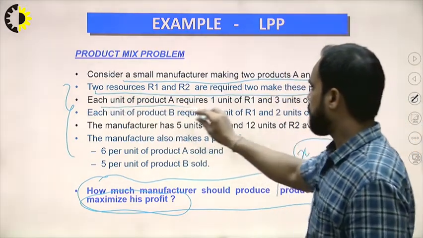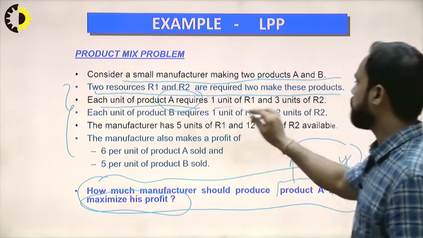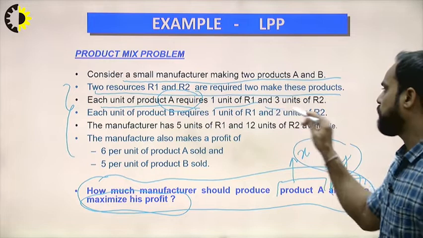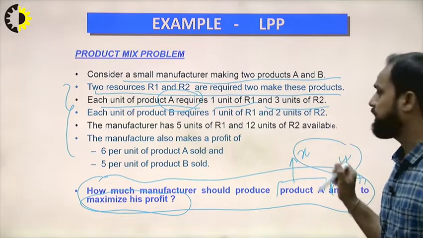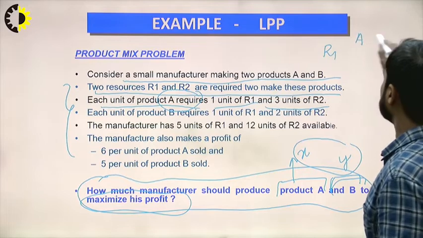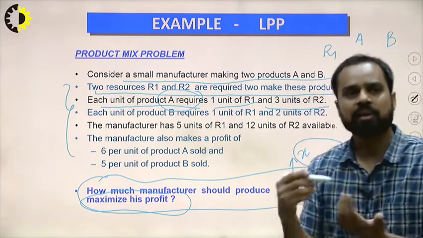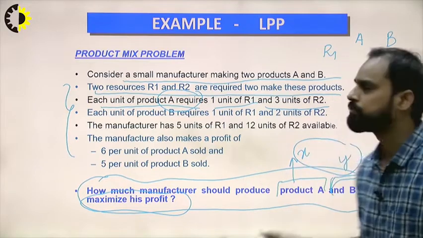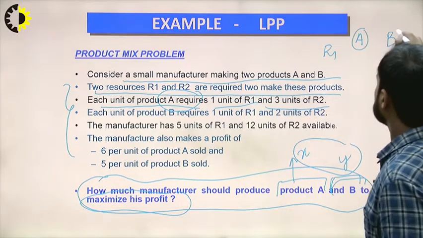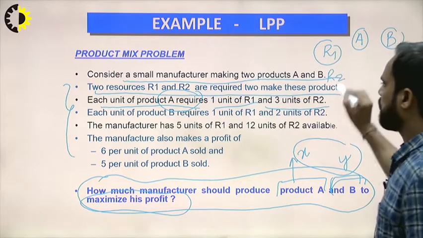For each unit of product A produced, 1 unit of R1 is required and 3 units of R2 are required, right? If you want to write for R1, this is product A and this is product B. This way you can form a table so that you can easily convert the description into mathematical form. So this is product A, this is product B, this is R1, this is R2.